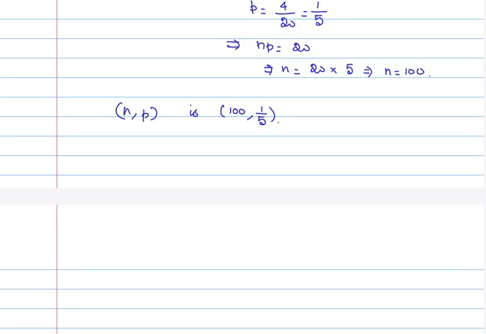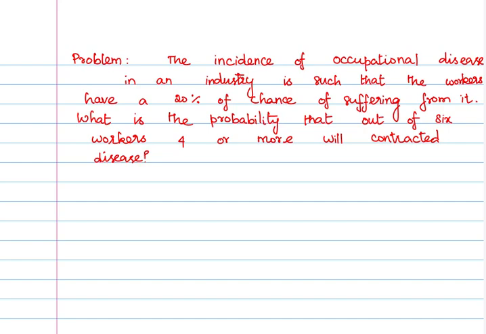Now we see one more problem. The incidence of occupational disease in an industry is such that the workers have a 20% chance of suffering from it. What is the probability that out of 6 workers, 4 or more will contract the disease?